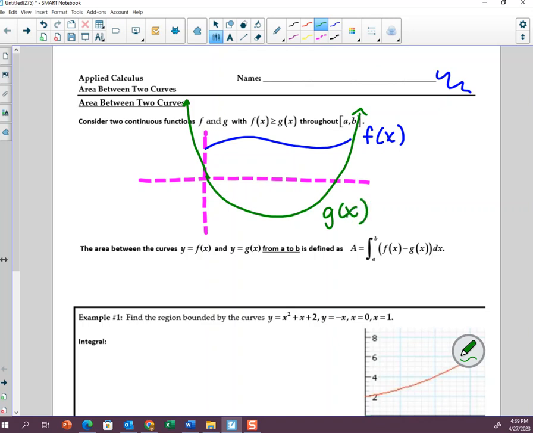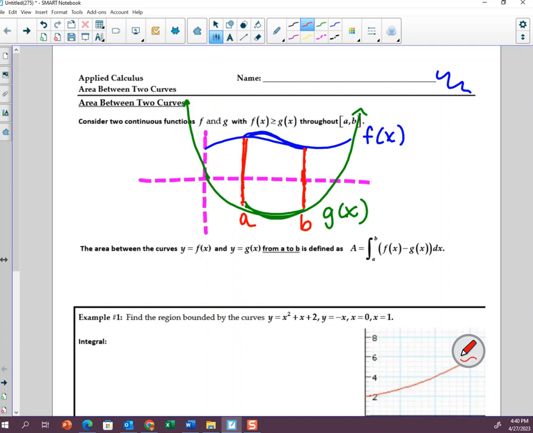And maybe there's a section between f and g that we want to find the area of, maybe from this point to this point. That kind of makes a boundary. So we've got this curvy part at the top, a curvy part at the bottom, and these sides for boundaries. We're going to call those boundaries A and B.